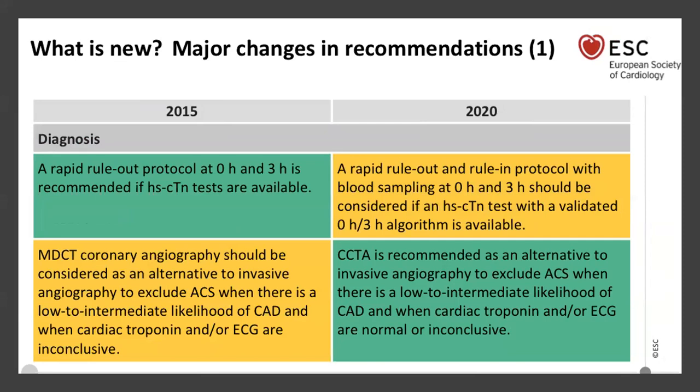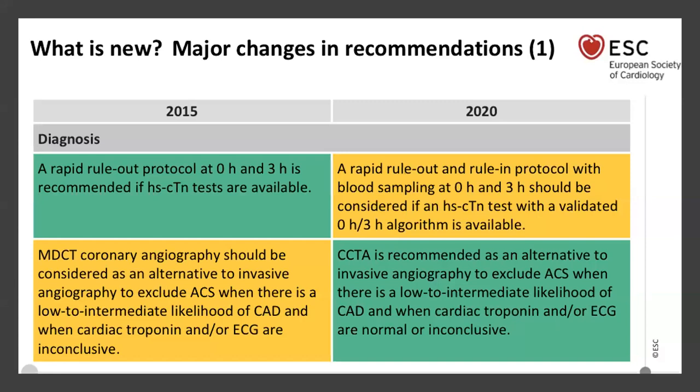So now we have a rule-in, rule-out protocol in terms of the sampling of your cardiac troponins, from your 0 hour when the patient presents and at 3 hours, which should be considered. And in terms of your high-sensitivity troponins, there is an algorithm that is now available for us to follow in the new guidelines.